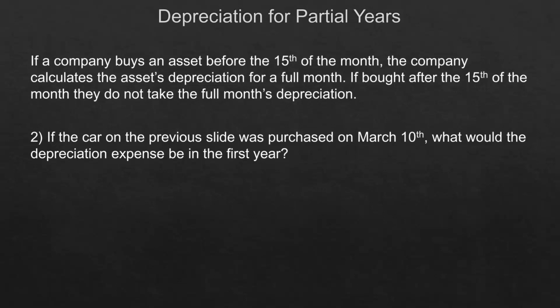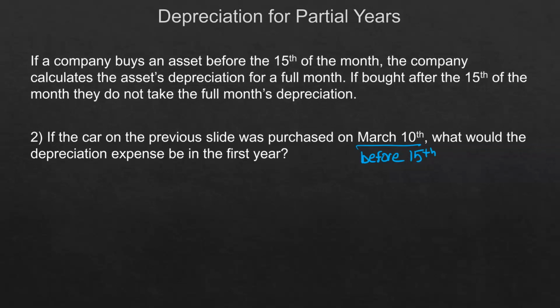So this one says, if the car on the previous slide was purchased on March 10th, before the 15th, what would the depreciation expense be for the first year? So March is the third month of the year. We didn't purchase this item in January or February, we purchased it in March.